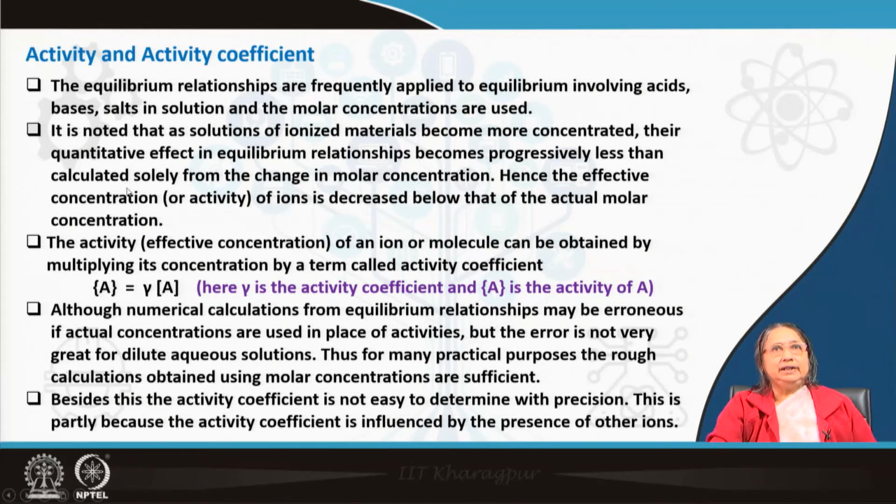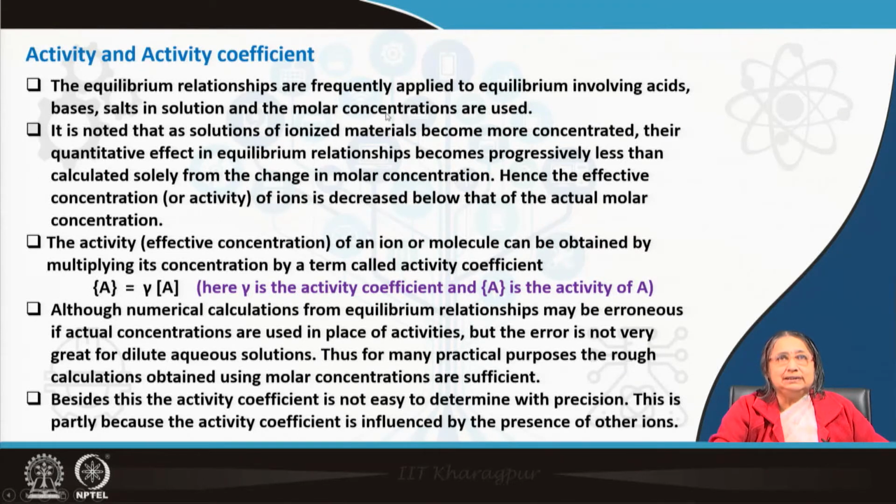Now, activity and activity coefficient are also very, very important for equilibrium relationships. It is expected that we always use dilute solutions. When it is a dilute solution, we should express the concentration in moles per liter.